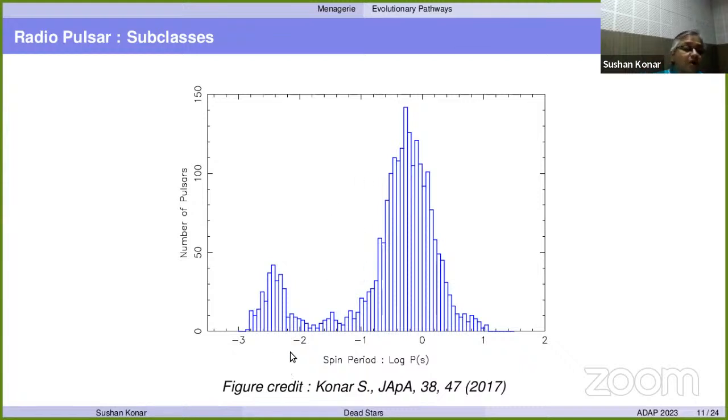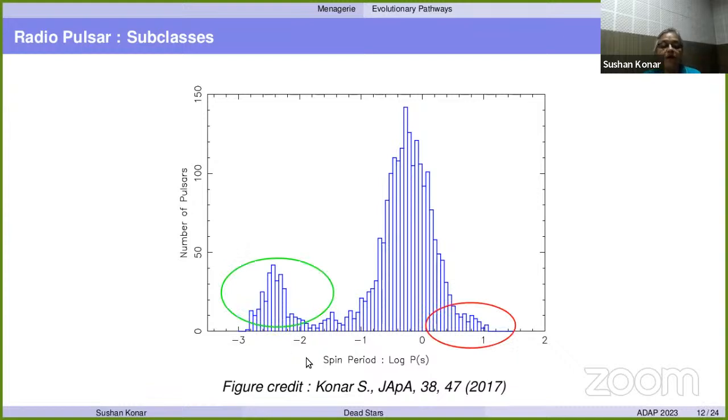But if I plot the spin period histogram, this is what we see. And you can clearly see various other things are there. Most importantly, there is the main histogram, the main Gaussian-like curve for the ordinary pulsars, and this one is obviously for the millisecond pulsars. From the value of the spin period, you can see that clearly.